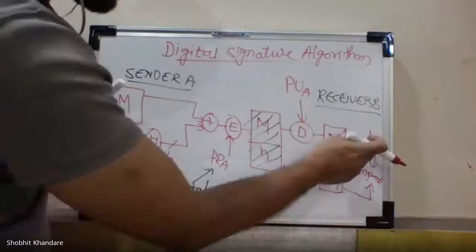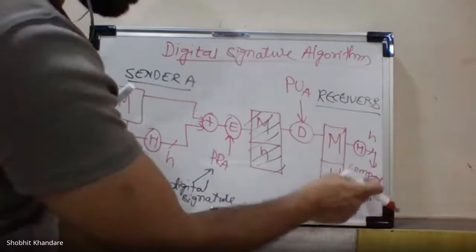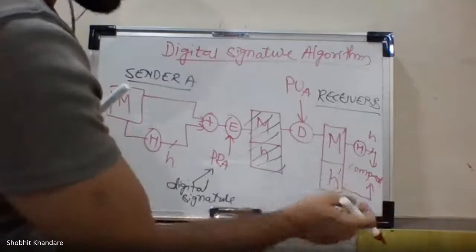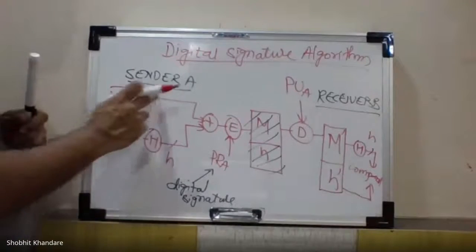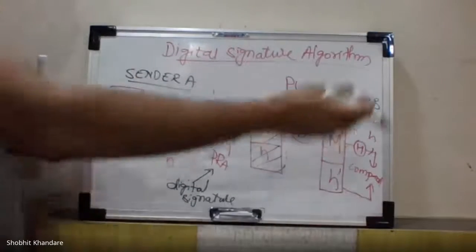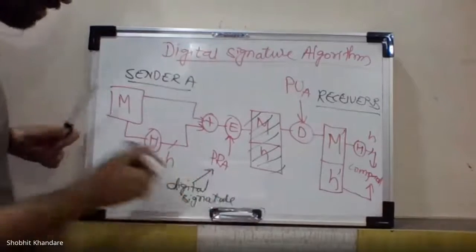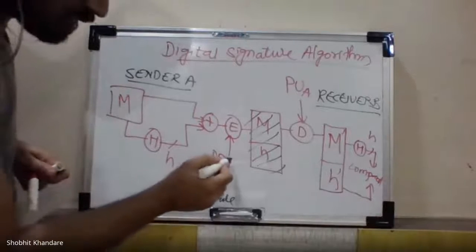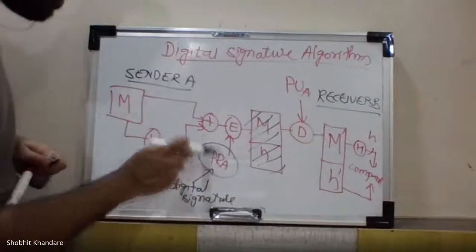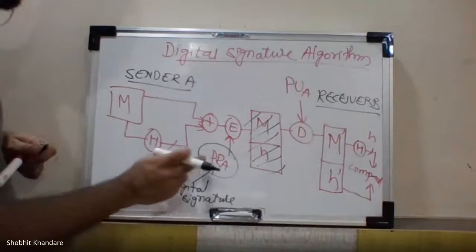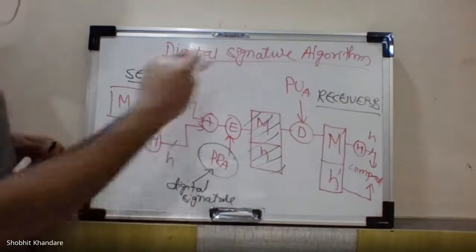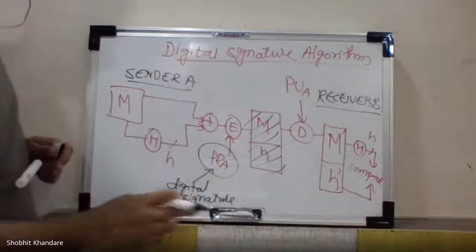I do not know whether they are the same or different, and if they are equal, then we can say the M dash received is the same as what was transmitted at the sender. So this process is important. We are doing the encryption by using the private key of user A, and this is nothing but the digital signature in this scenario.